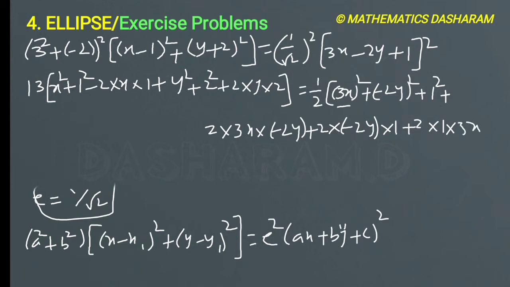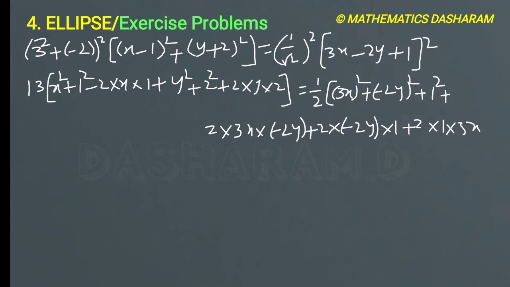So a square plus b square plus c square plus 2ab plus 2bc plus 2ca.